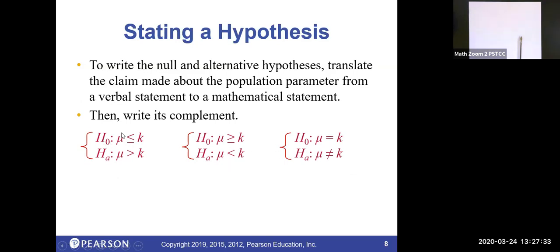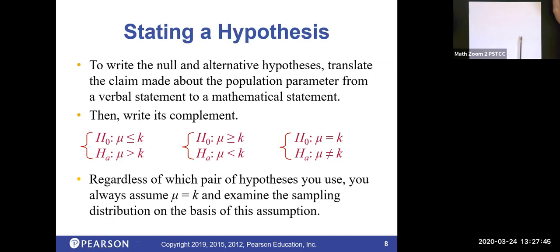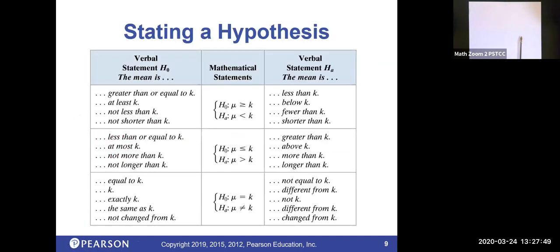If you look at this first example, they claim the population mean is less than or equal to a number. So the alternative hypothesis would be greater than that number. These are some examples of the different phrasings that you'll see in the homework questions and when to use which symbols.